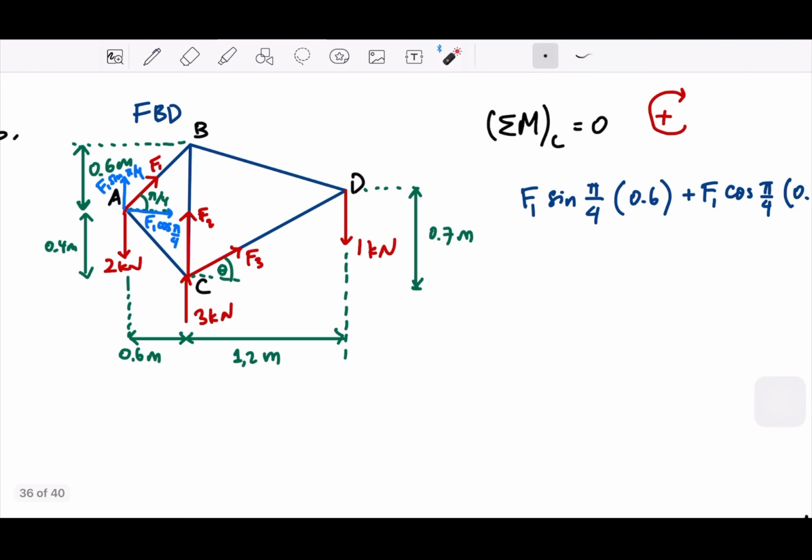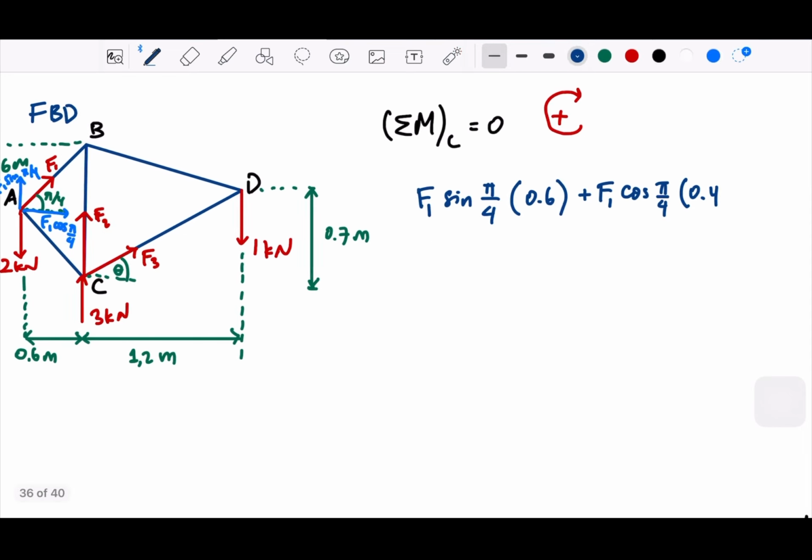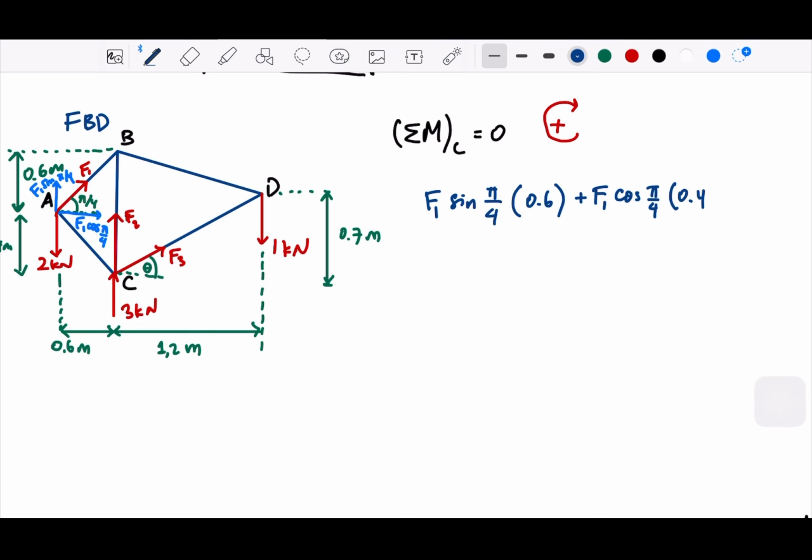Now this is F1 cosine pi over 4. We need to go here, so it is supposed to be here, right? So this will be the moment. Okay, that's the F1.